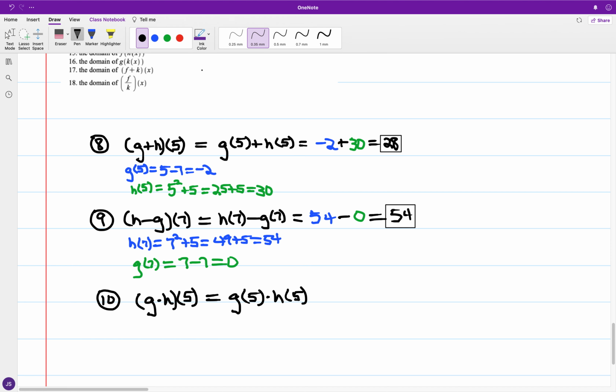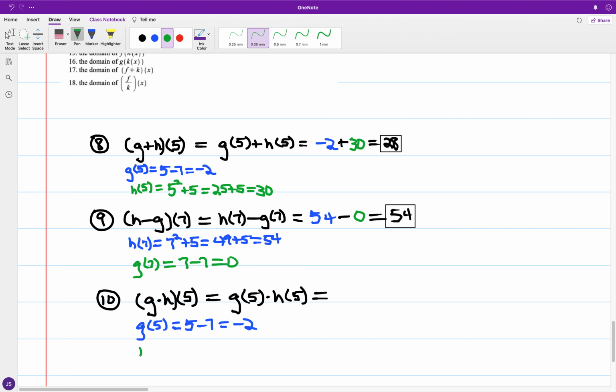So that's g of 5 times h of 5. For g of 5, you have 5 minus 7, which is -2.